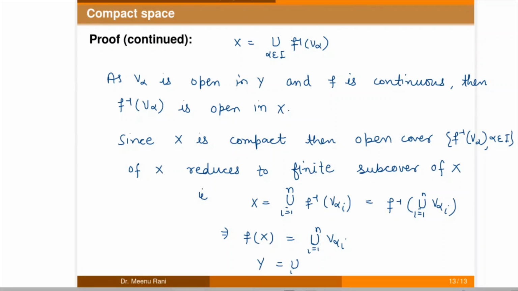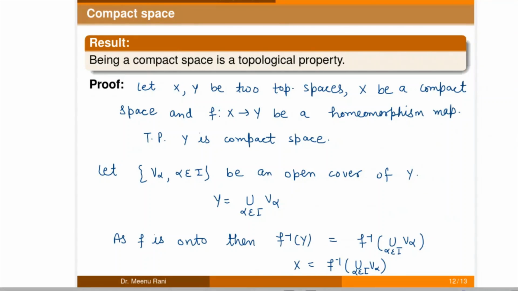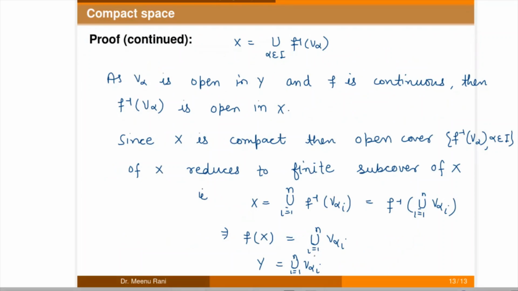So it is a finite union of v alpha i's, and v alpha is a collection of open sets in Y which has reduced to a finite subcover of Y, which implies that Y is a compact space.